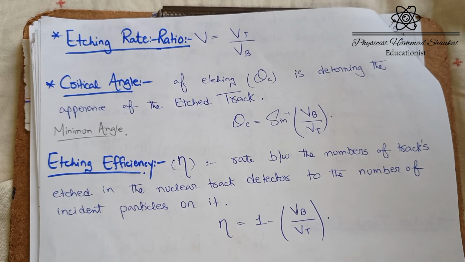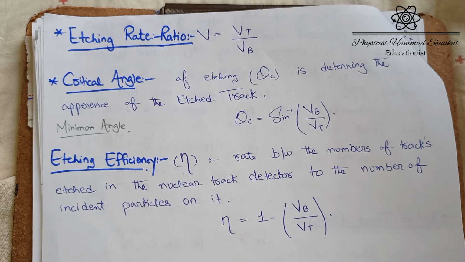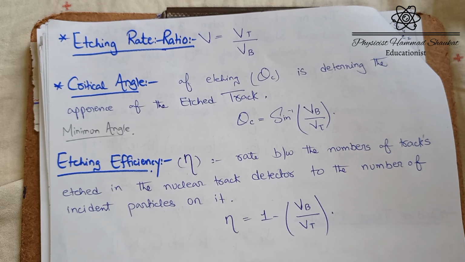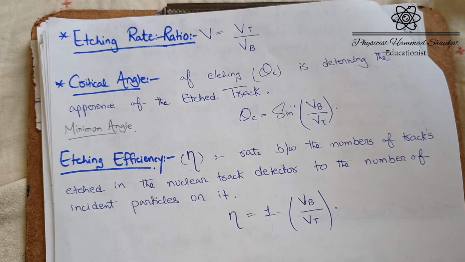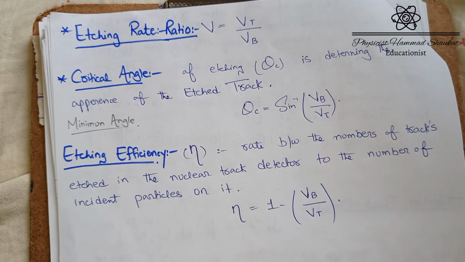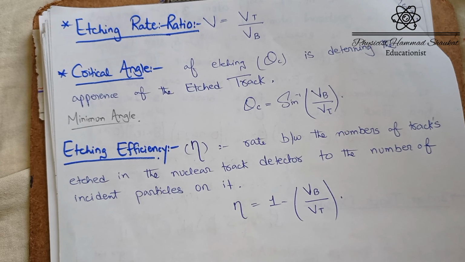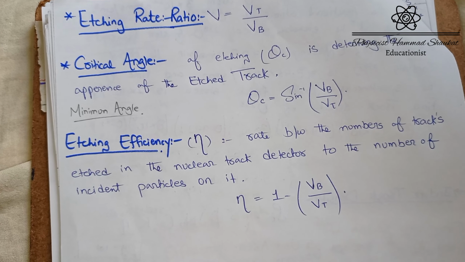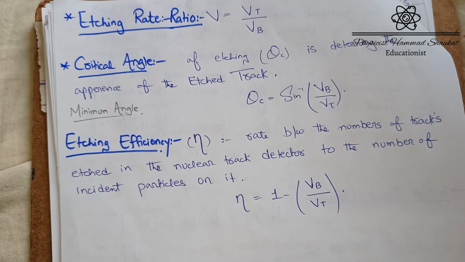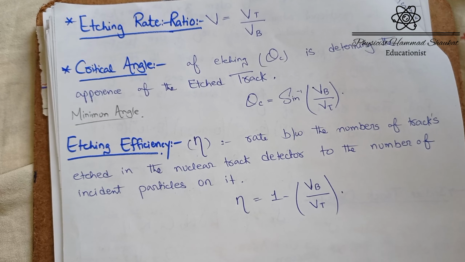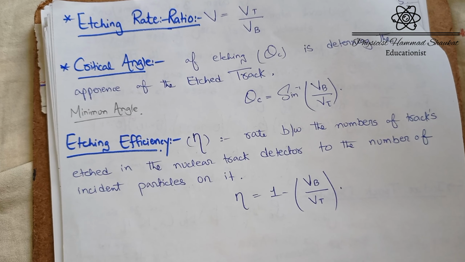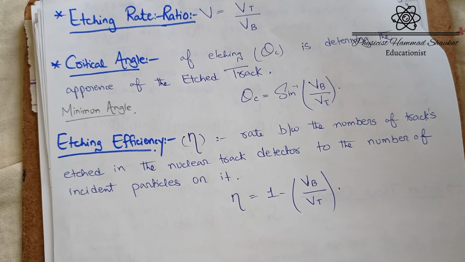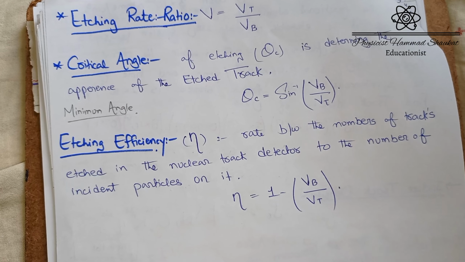Now move towards the critical angle. What is the critical angle? It is denoted by theta c, the critical angle of etching. It basically determines the appearance of the etched track. It represents the minimum angle at which the etched track would appear on a detector, and there are certain critical angles for each detector type.